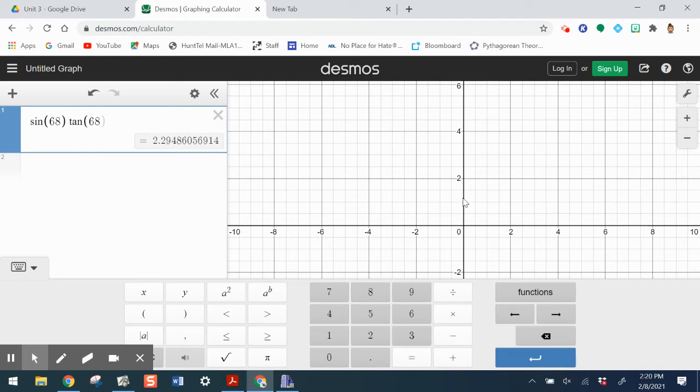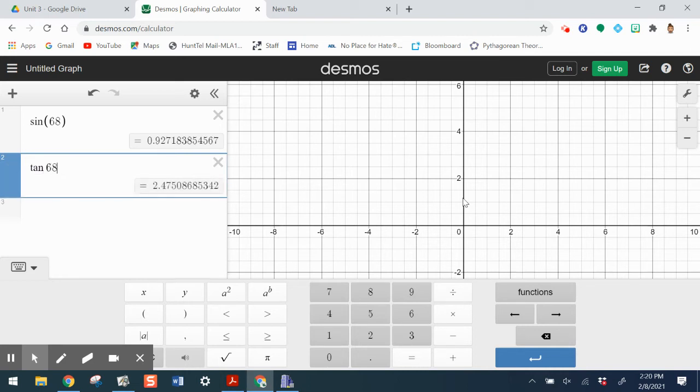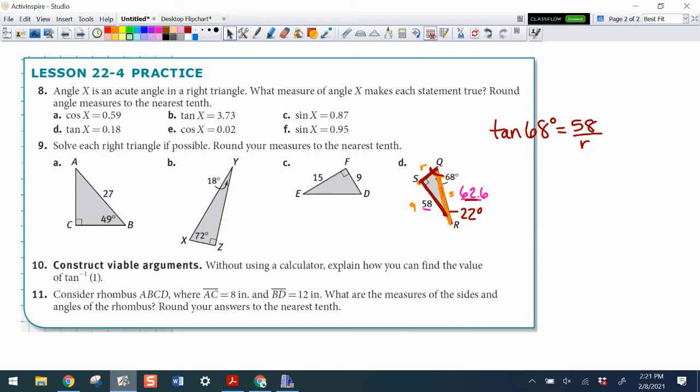That's not what I wanted to do. We have 2.475. The 5 is in the thousandths place, so 2.475. So replace the tangent of 68 degrees with its approximate decimal, 2.475, equal to 58 over r.